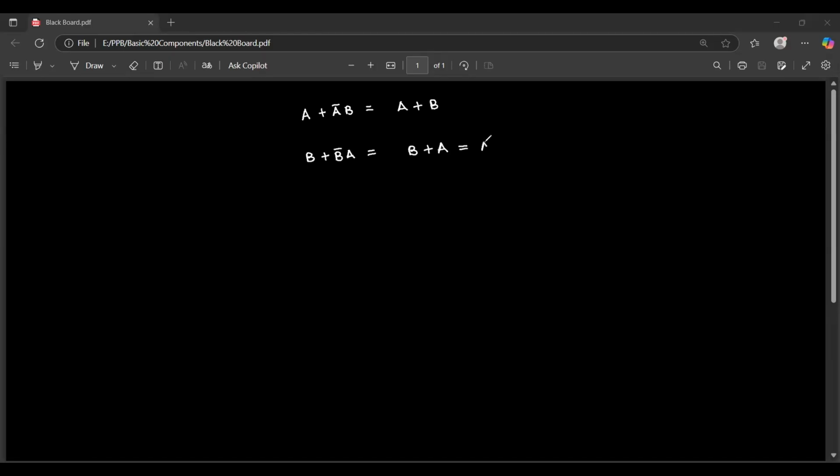So can I say that is equal to A plus B by applying the commutative law? I can. So what we can say is A plus A bar B is also equal to B plus B bar A.